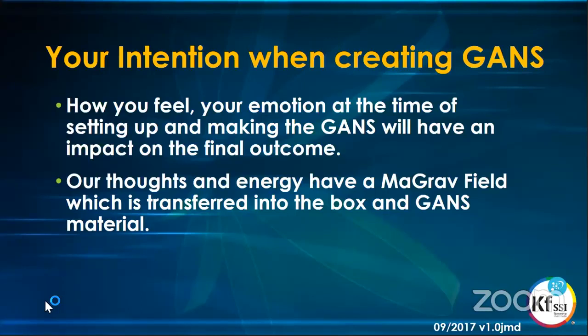So when we are making anything, particularly if we're making something for somebody else, have that intention of healing and wanting to help somebody else, and you're putting those maggrav fields into your gases. So it is very, very important to almost sit down and think before you start anything, as to what is your purpose, what is your intention that you're wanting to create with anything that you are dealing with.